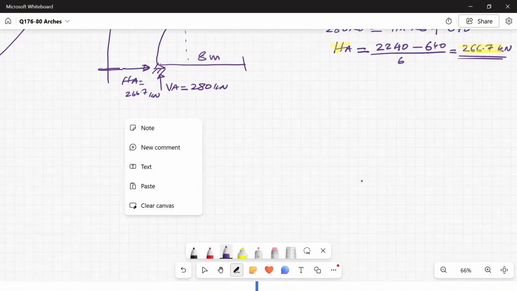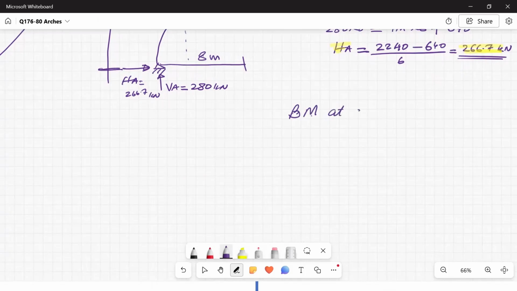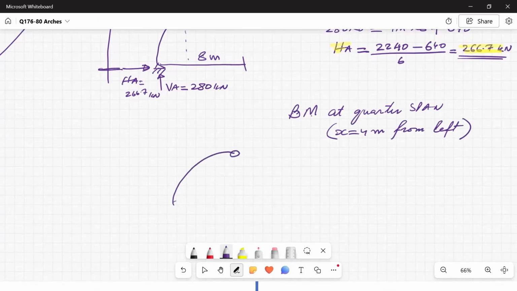So now BM at quarter span, this is equal to X is equal to 4 meters from left. And you saw earlier that this is quarter span. We found out Y for this quarter span earlier. This is 4 meters.